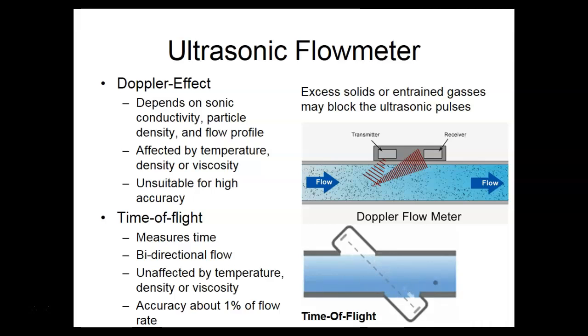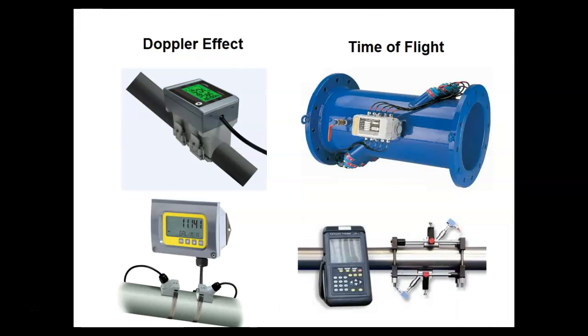So are we okay? Non-contact. So here's some ultrasonics. These would be Dopplers, and you can tell the time of flight because these guys are going to be mounted at an angle. Okay. And these guys right here would be permanent. It looks like this is actually built into the section of piping. This guy right here looks like it can actually be strapped onto the side.